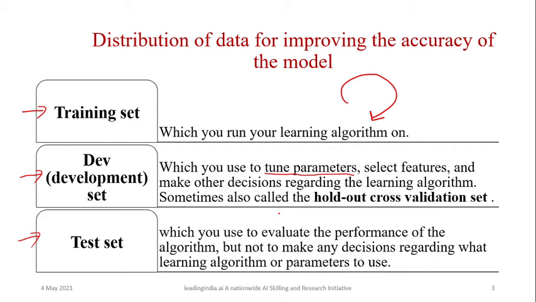Once you have done the training with the training set, again you will check with the development set: is your model performing well on the validation set or development set? Once you feel, after iterating back and forth, that your model is ready or good on the development set, then at the end you will check with the test set.